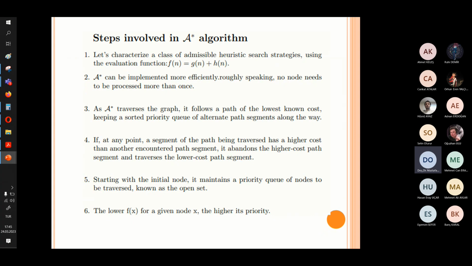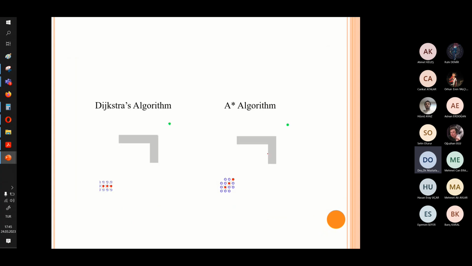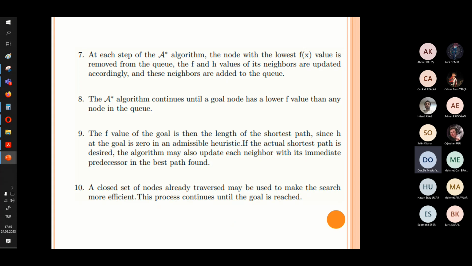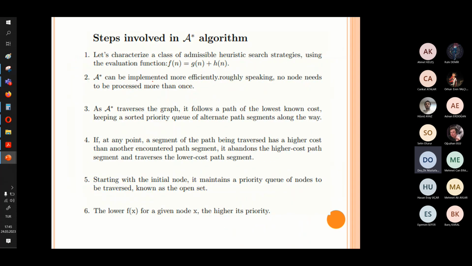In here, I will not be reading all of them because there is a lot of explanation about why we should use a priority queue or how we will implement it, etc. But what we should know, this is the important part.